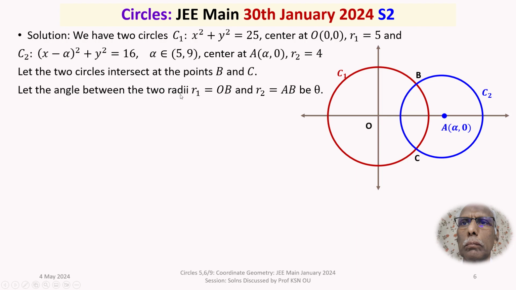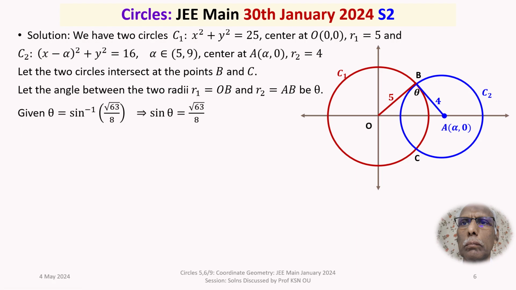The angle between the two radii, OB of 5 units and AB, is theta. And given theta is equal to sine inverse root of 63 by 8. That means sine theta is equal to root 63 by 8.